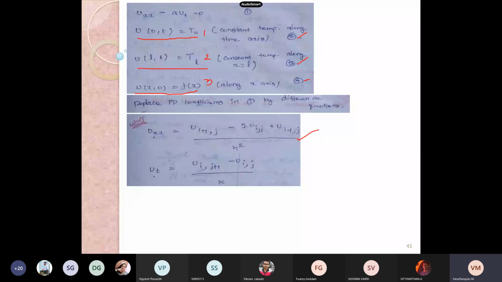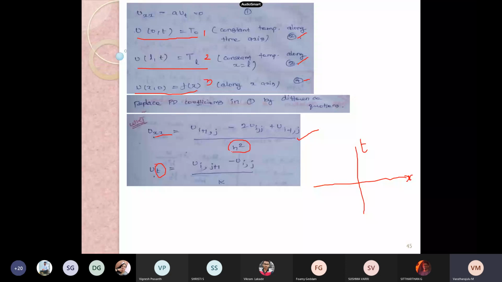This can be remembered with the aid of the Cartesian coordinates. Let the Cartesian coordinates be x and t, and here we concentrate on t alone. When we are dealing with x, we need to take the interval as h, and when we are dealing with t, that has to be taken as k.